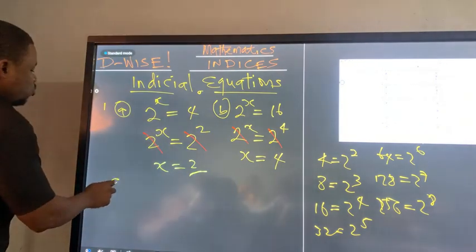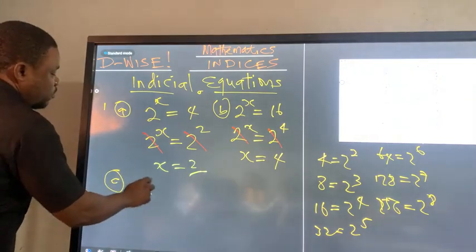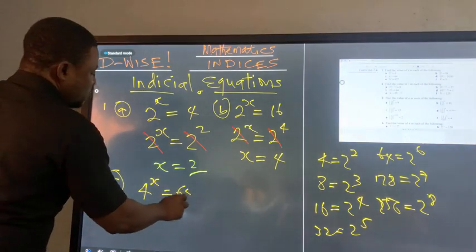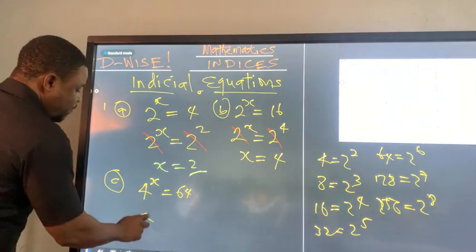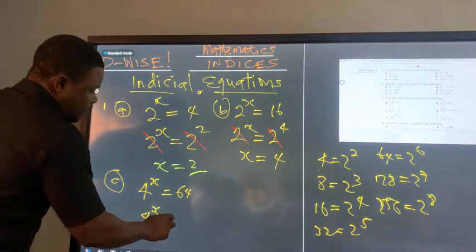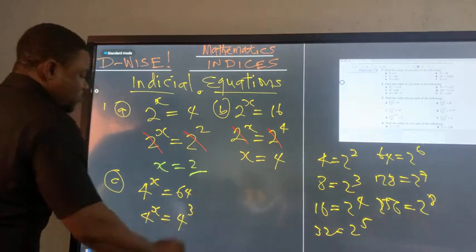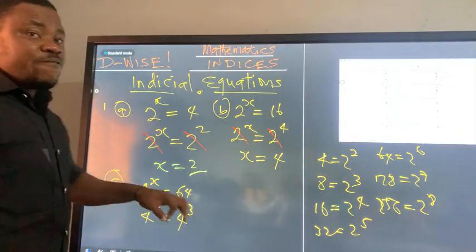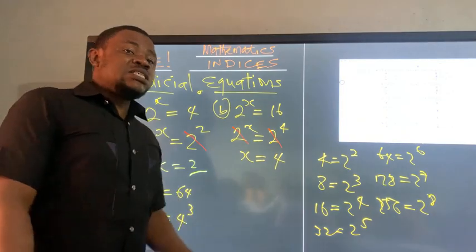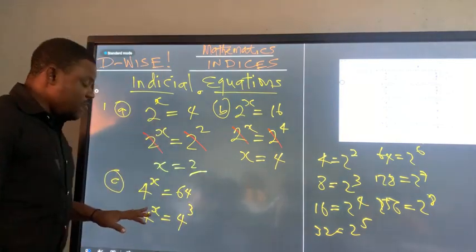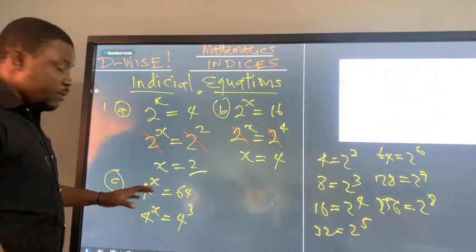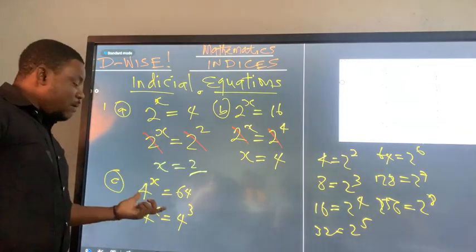The next question, I'm going to jump to c. There are 2 ways I could do c. C is 4 to the power of x is equal to 64. Now I can say 4 to the power of x is equal to 4 to the 3rd power. Well, like I emphasized several times in class, instead of using powers like this, use them in their prime number form.